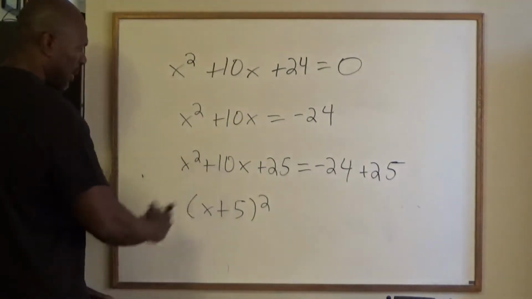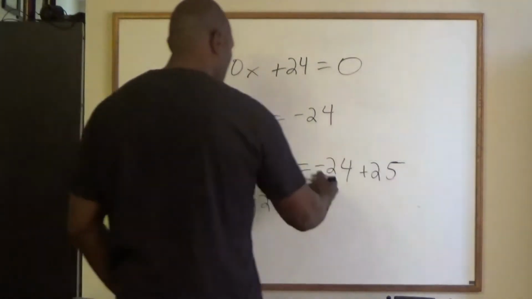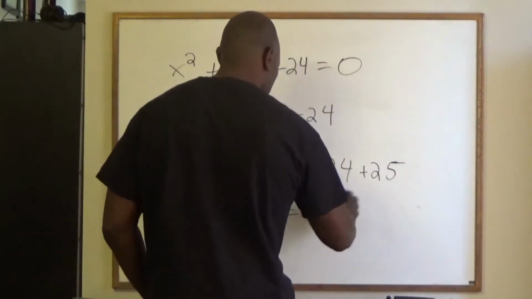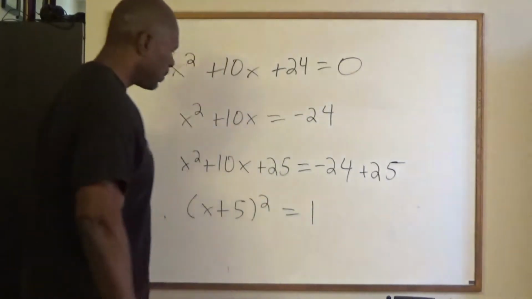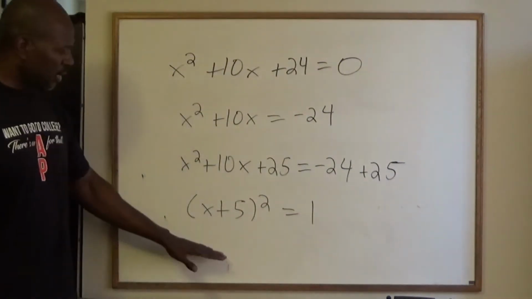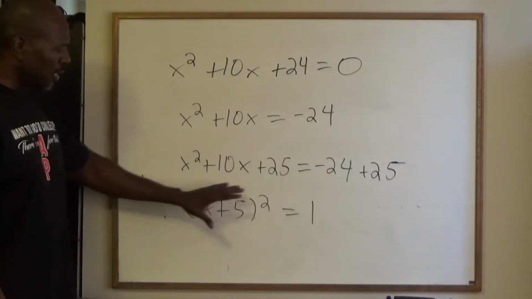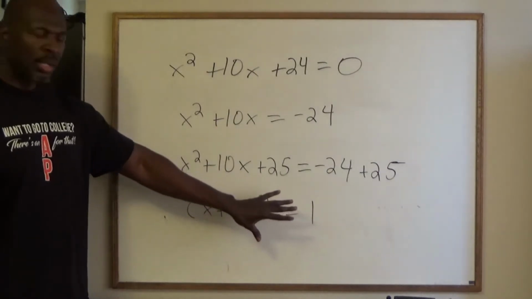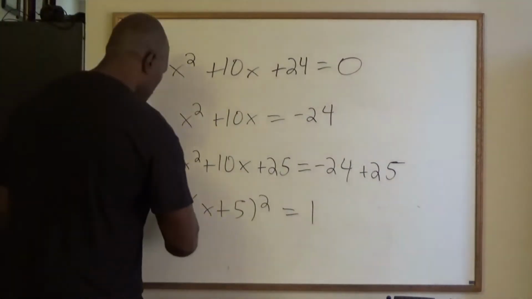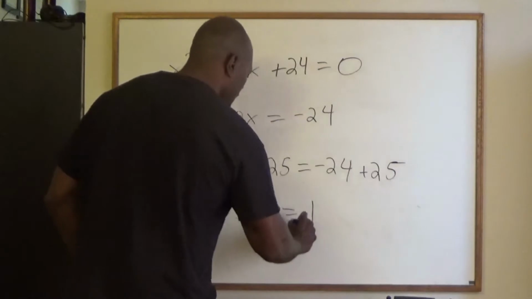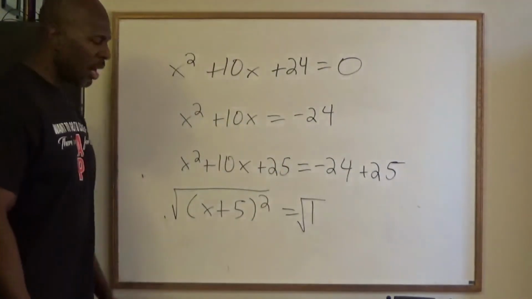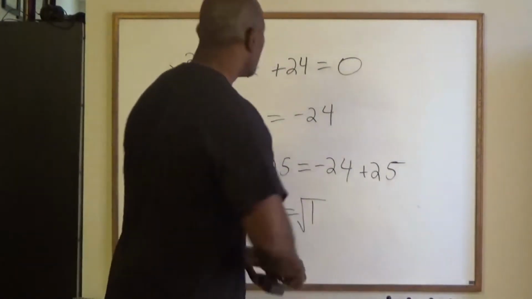Again, the 5 comes from half of the coefficient of x. I can add these two numbers, negative 24 and 25 is 1. And you get this very easy equation once you complete the square, where all you have to do is take the square root of both sides and easily solve from there. So I'll solve this one.